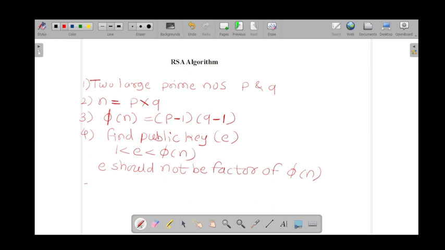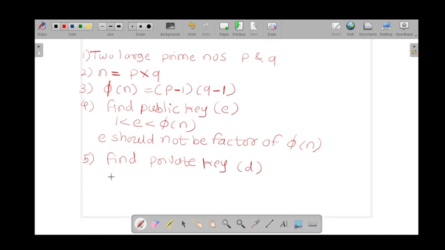In the fifth step, we find the value of our private key. Our private key D satisfies D into E mod phi of n is equal to 1.